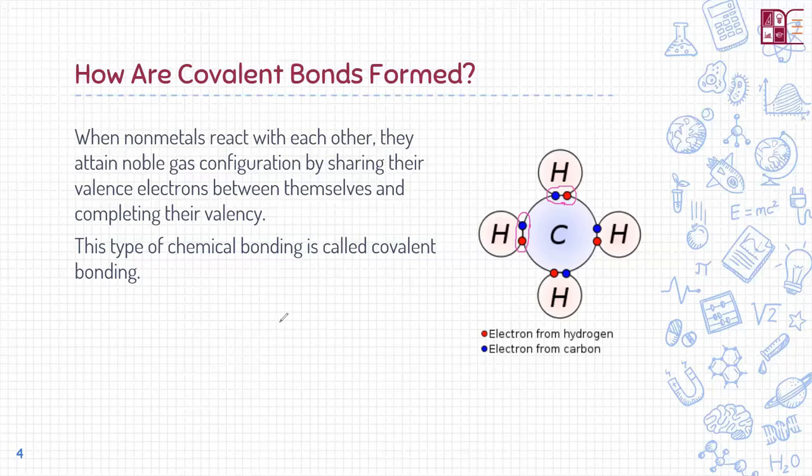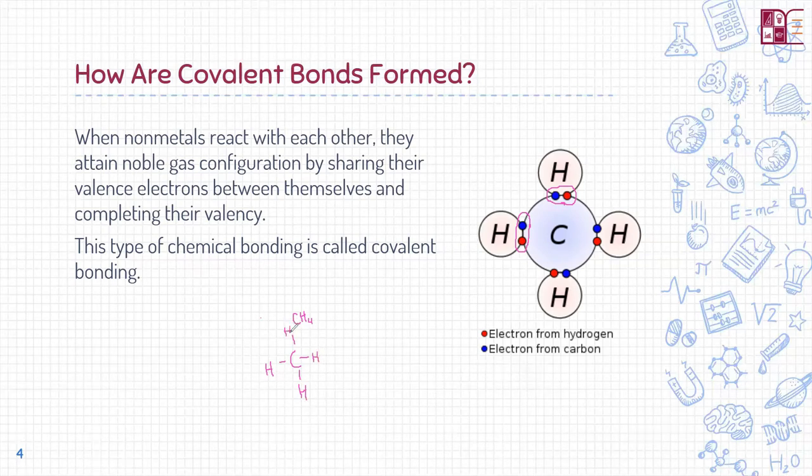Now, for example, this is CH4, which is methane. If I want to draw this, I will show 4 straight lines to represent the covalent bond between the carbon and hydrogen atoms.